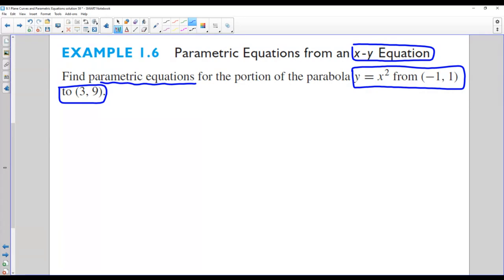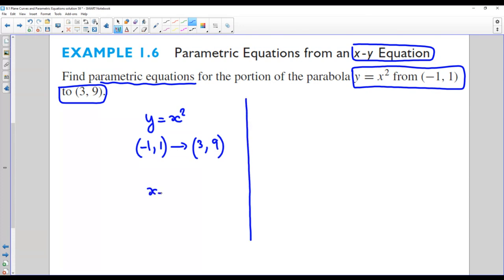So when you have y equal x squared from the point -1 to the point 3, these are the xy equations. Then the parametric equation, in this case, will be x equal.